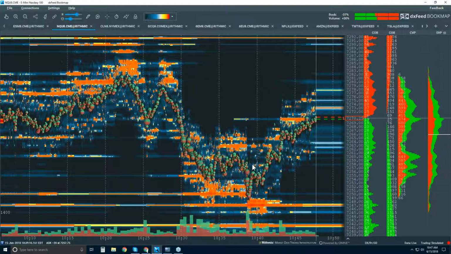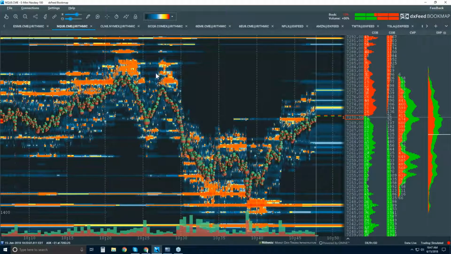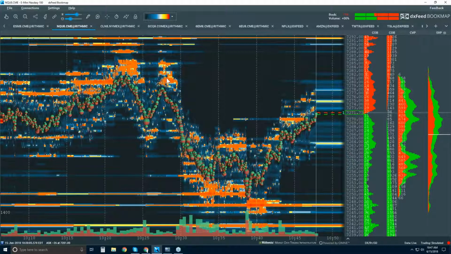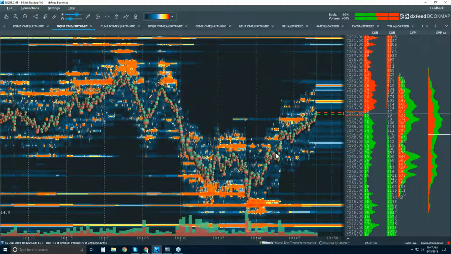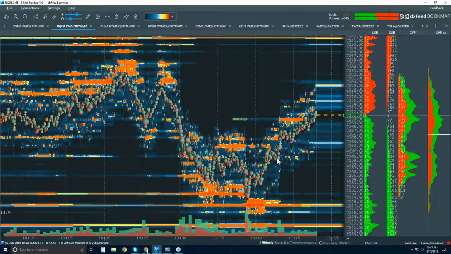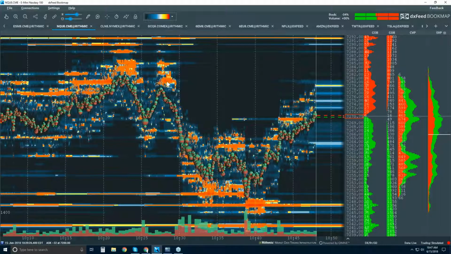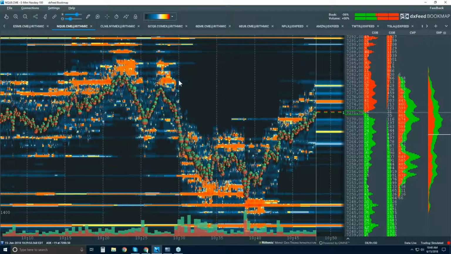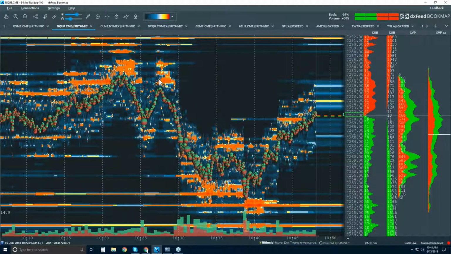So now you can start to understand how important the heat map, or the liquidity, and a record of that liquidity is, and how it gives you insight into these moves. To be really straightforward and honest, all it is is the auction. The market is an auction, and we're just showing it here. Very objective information and data.